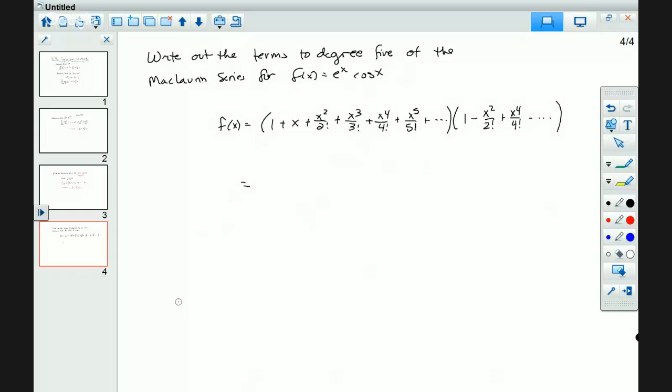So I'm going to just take each term here and multiply it in. If I took the 1, I would multiply it by each of these. Staying organized. 1 plus x.